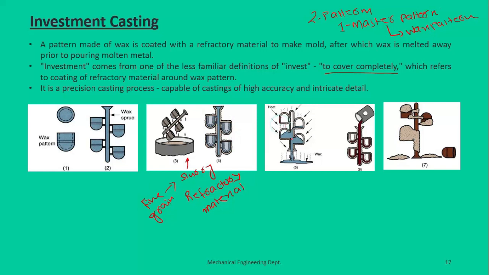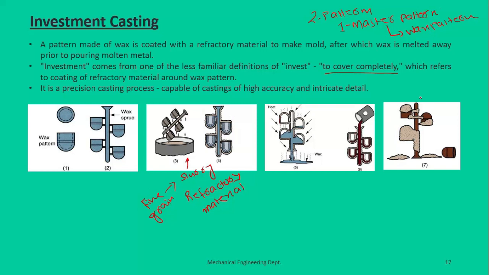Then it is inverted and heated so that the wax melts out of this shell of refractory material, and it leaves behind a cavity made up of the refractory material. So we simply pour the molten material into this cavity and allow it to solidify.